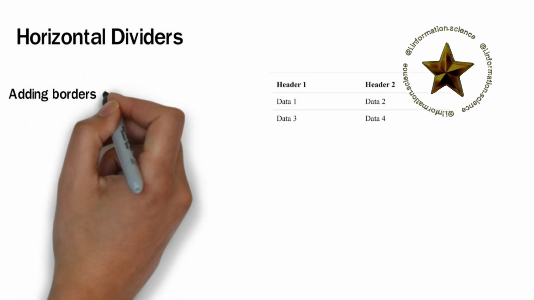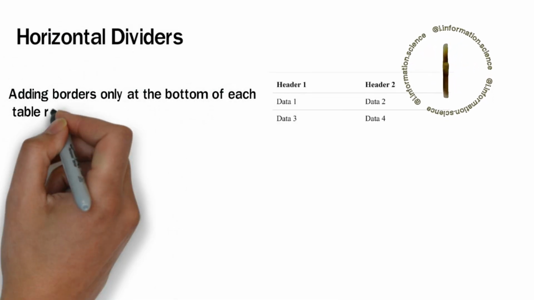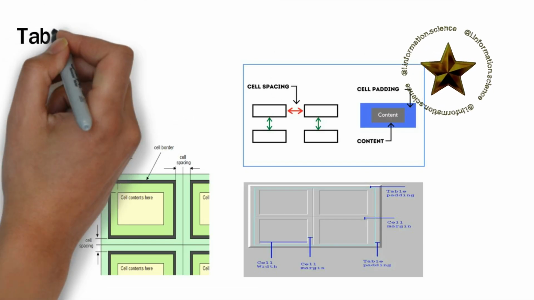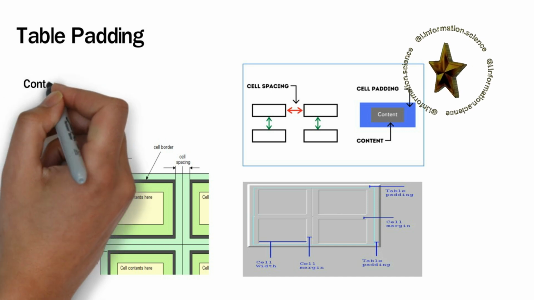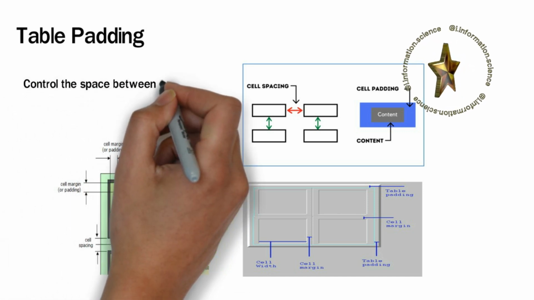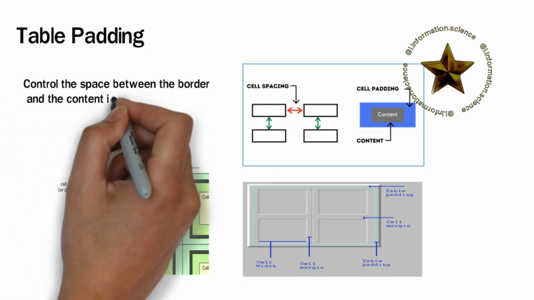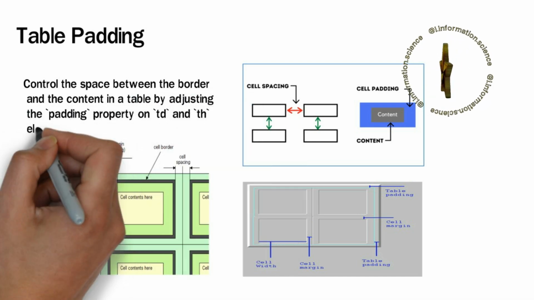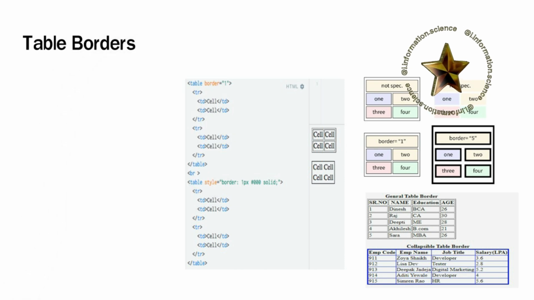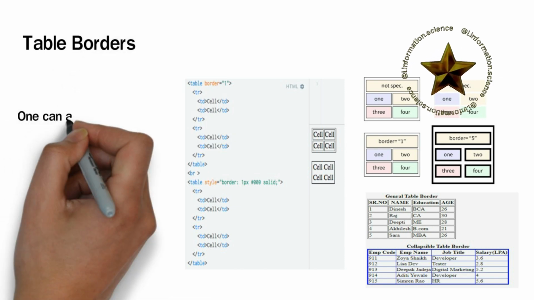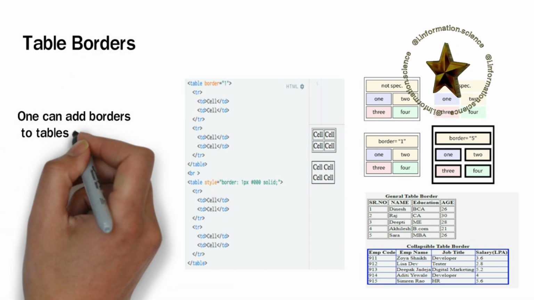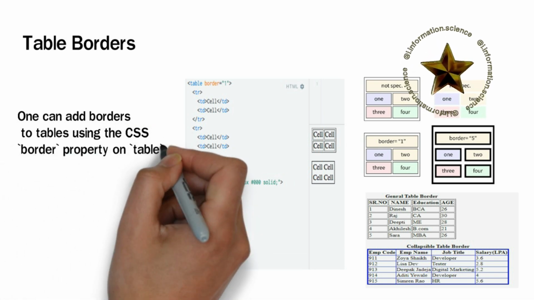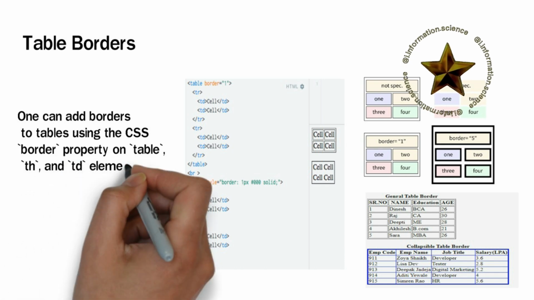Adding borders only at the bottom of each table row can create horizontal dividers. Table padding. Control the space between the border and the content in a table by adjusting the padding property on td and th elements. Table borders. One can add borders to tables using the CSS border property on table, th, and td elements.